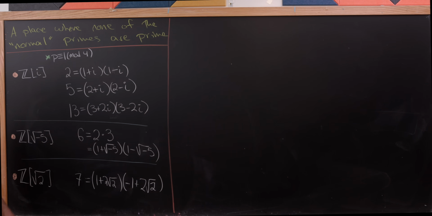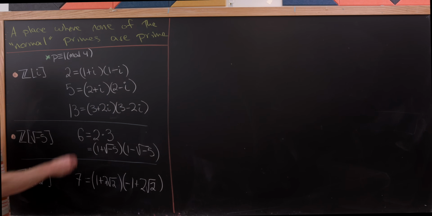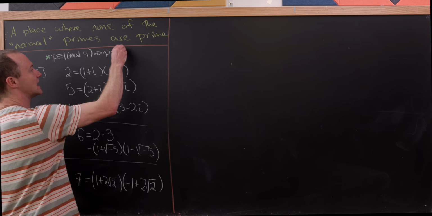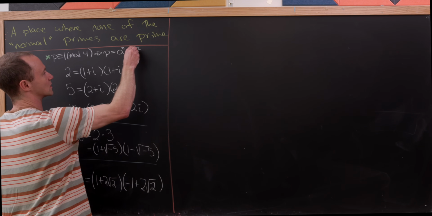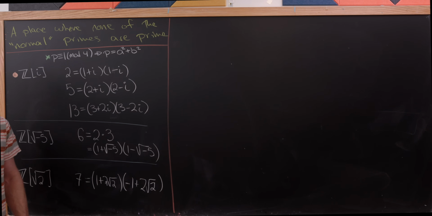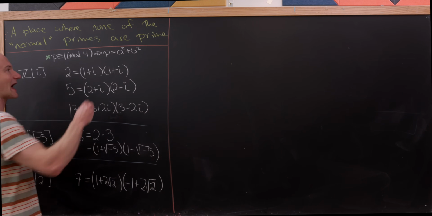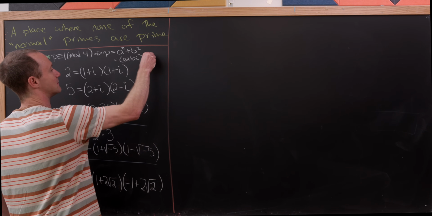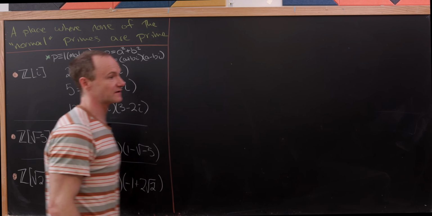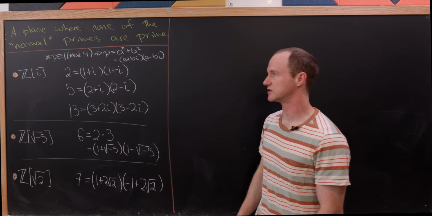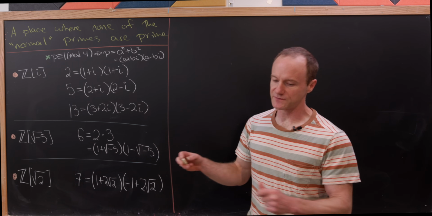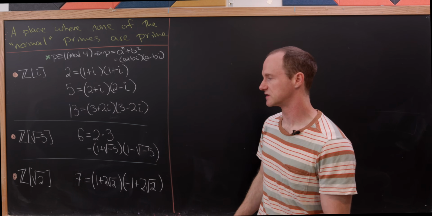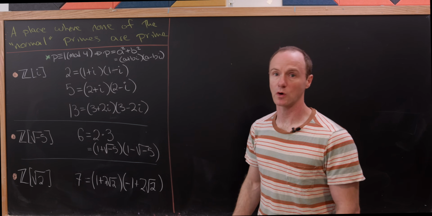But once we get it in that form, we can rewrite it as (a plus bi) times (a minus bi), and then we've factored it inside of the Gaussian integers. So if you've got a prime that's 1 mod 4, it's no longer a prime in the Gaussian integers.